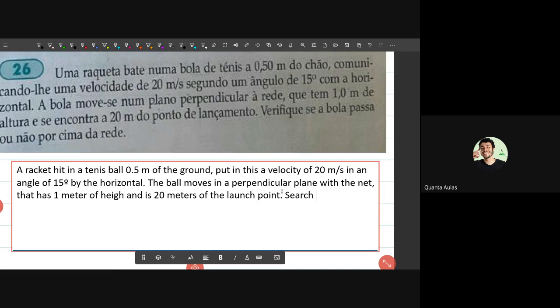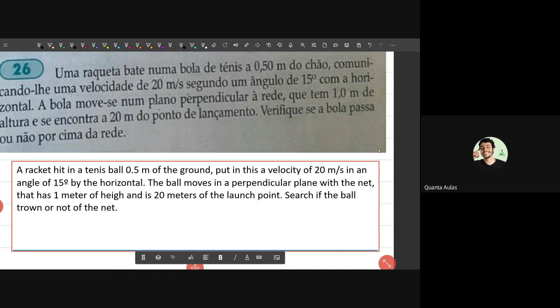Find if the ball passes over the net or not. I suppose this is the problem.